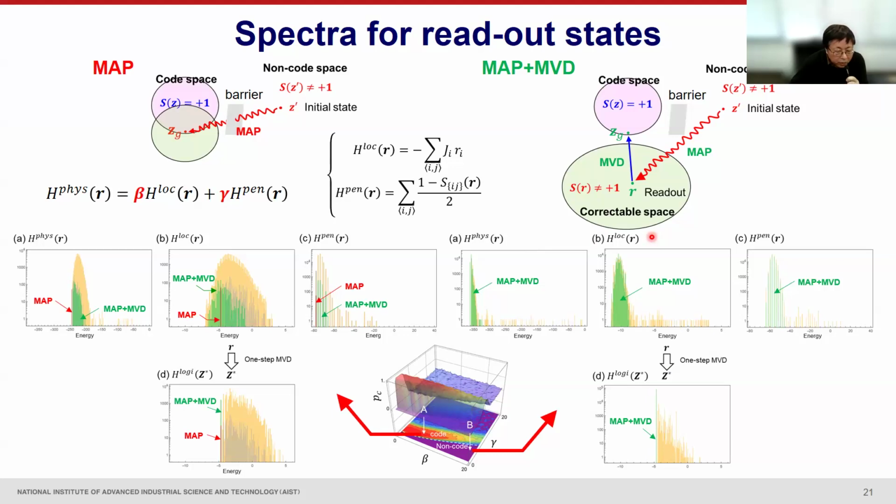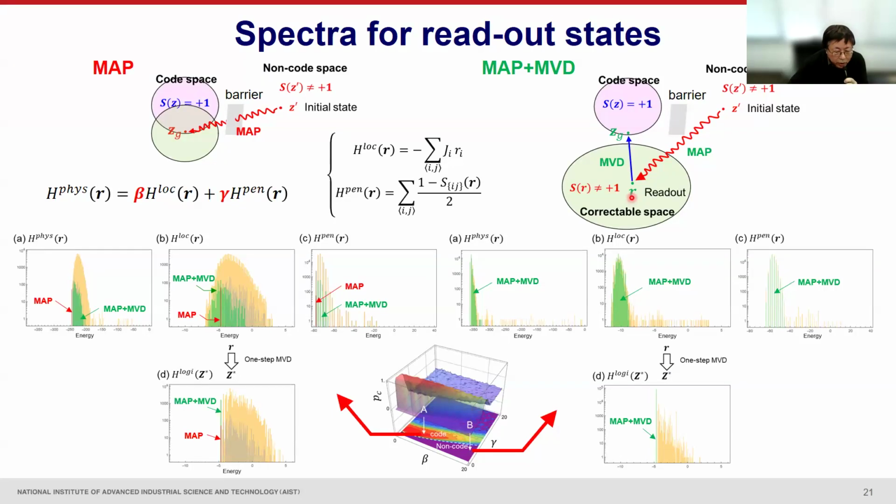We can see that a large number of correctable states contributed to the correct inference of the target states.